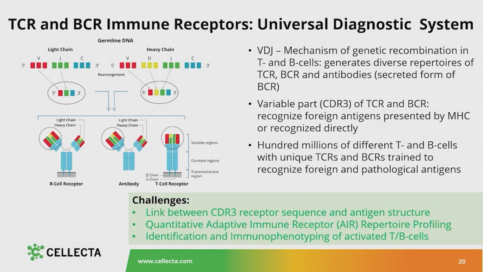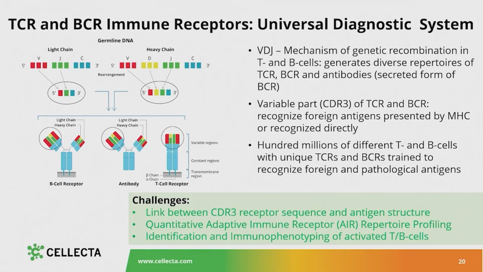Second, from a biology point of view, the adaptive immune system is a universal diagnostic system created by nature, which allows you to practically identify any pathological condition or any foreign antigen present in our body. The practical question is, why are we not using this universal diagnostic system, which is probably many orders of magnitude more powerful than anything we have developed for diagnostics?